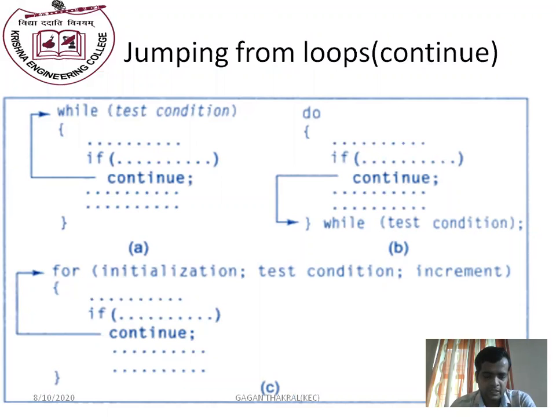Continue does not exit from the loop, but it will return to the testing condition of the loop. In the do while, again it will do continue, it will go to the test condition of while loop, and in for loop also continue returns to the test condition of for loop. It does not exit from the loop, but it will return to the test condition of the loop.